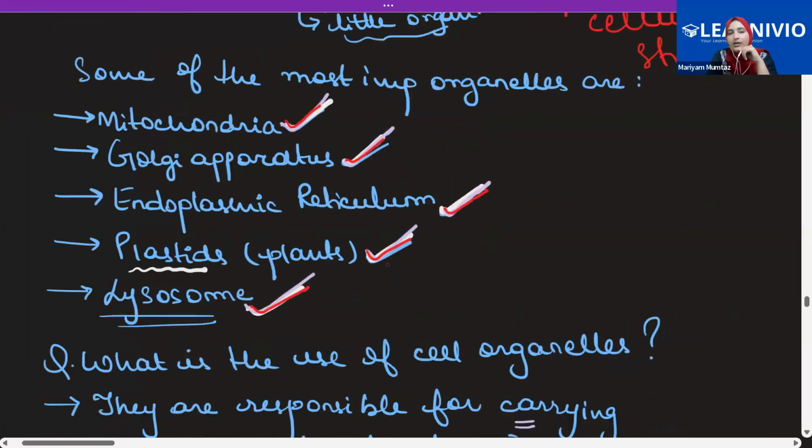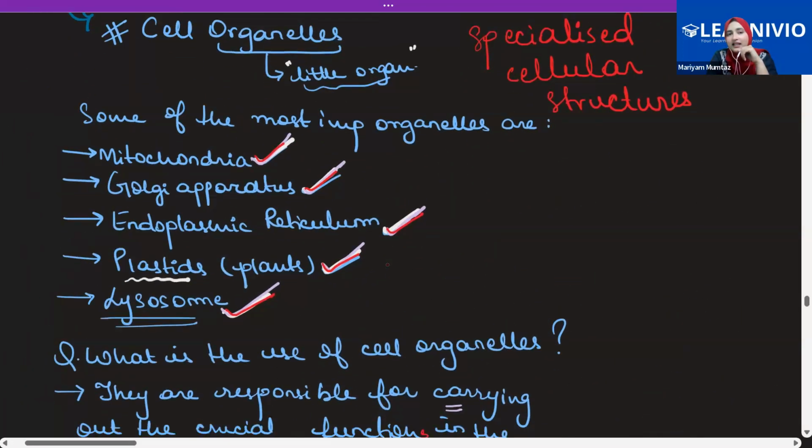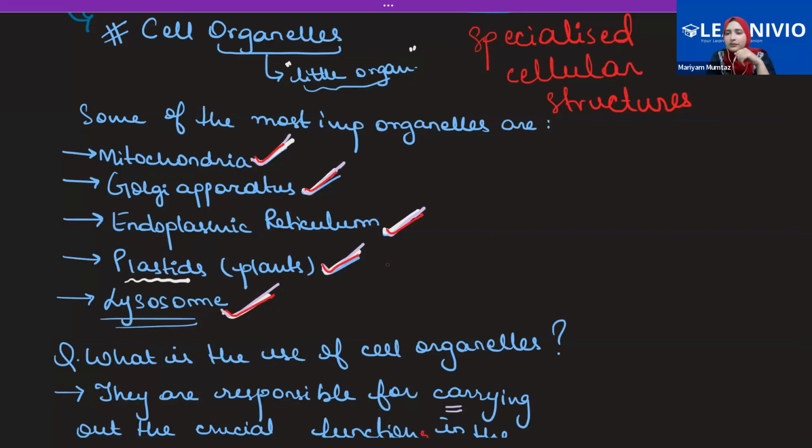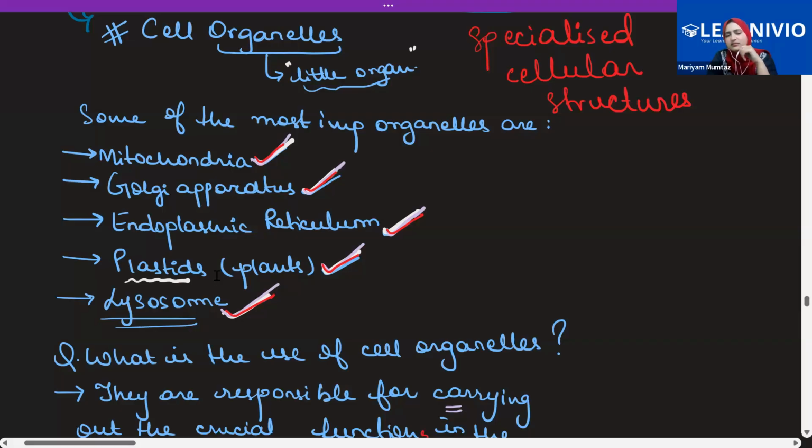Any doubts? No, ma'am. Will the cell organelles be present in the prokaryotes? Some of them, ma'am. Yes, very good. Which one? In general, which one? Not the example. Tell me which one. Lysosome, plastids, ribosomes, and Golgi apparatus.